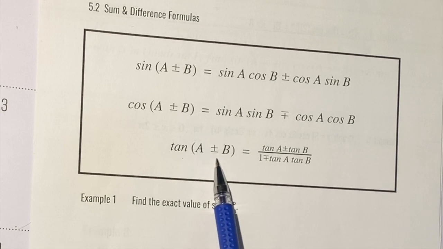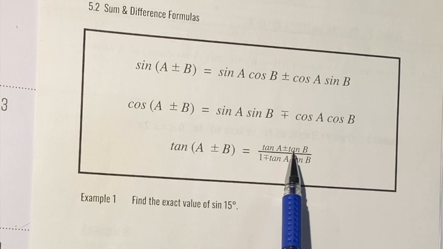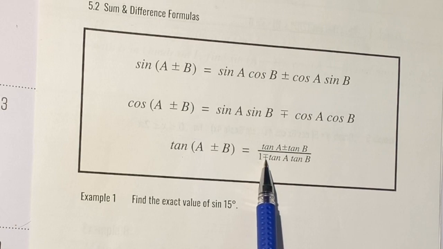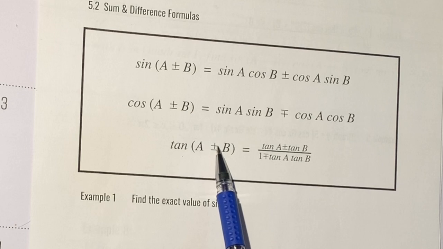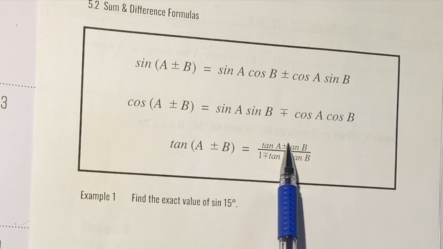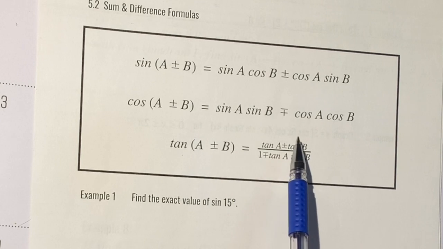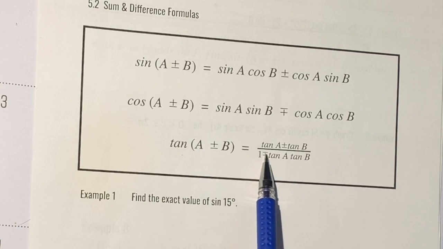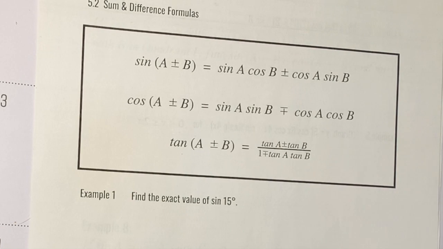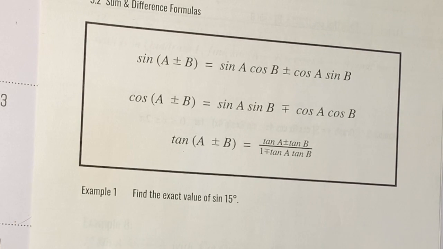Okay, if it's a difference, everything's the same except we would have the difference of the two angles on top and then the sum on the bottom. So the top matches. If it's a sum, it's a sum here. If it's a difference, it's a difference here. And whatever it is up here, it's the opposite down here, if that helps any. So use some of those things to help you remember those formulas and keep them straight. Okay, so this is what we're going to do.